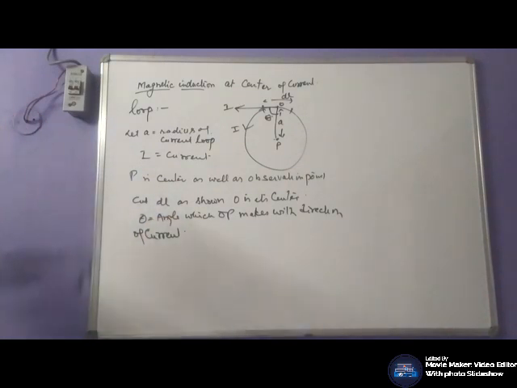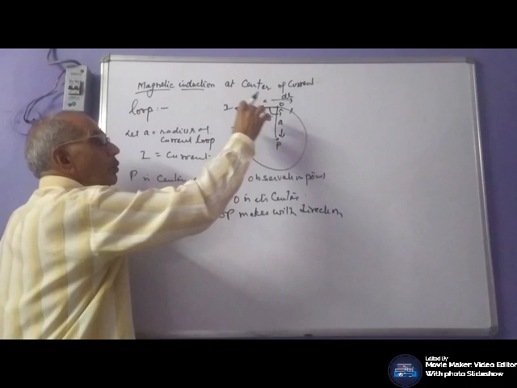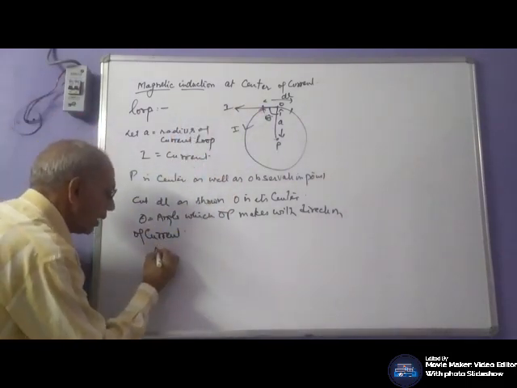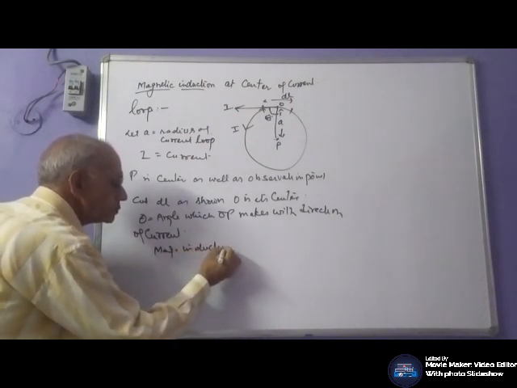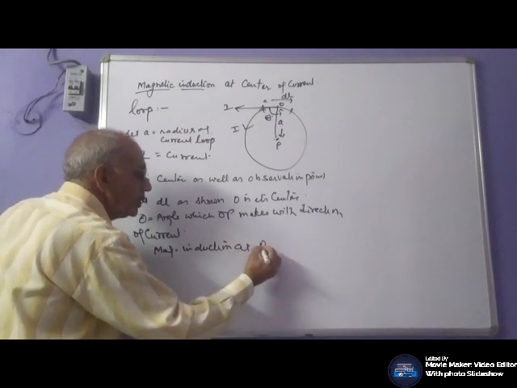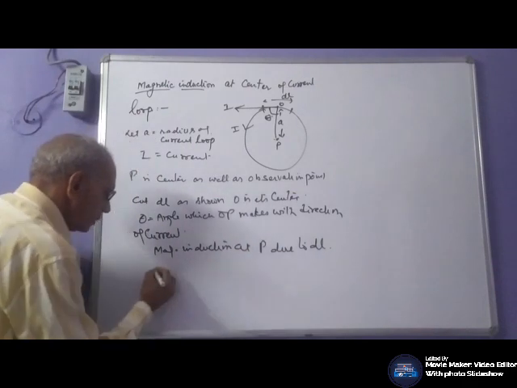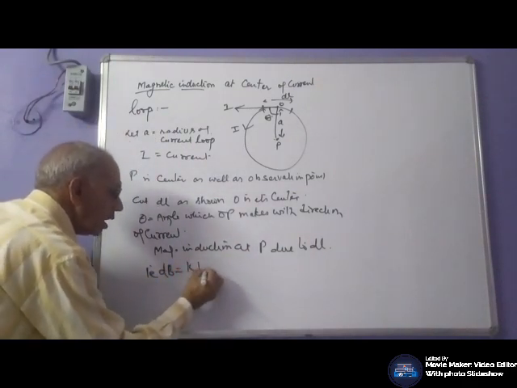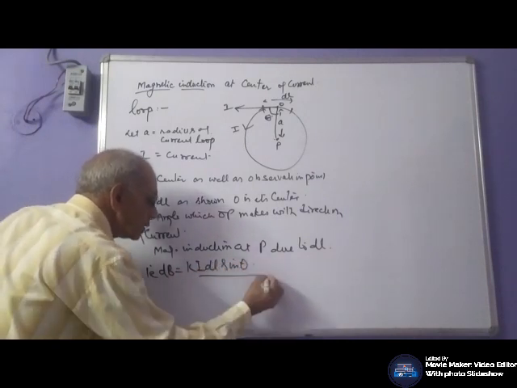Now think of Biot-Savart Law. What is theta there? The angle which OP makes with the direction of current. Now apply Biot-Savart Law. Magnetic induction at P due to dl, that is dB, equals K I dl sin theta by r square.